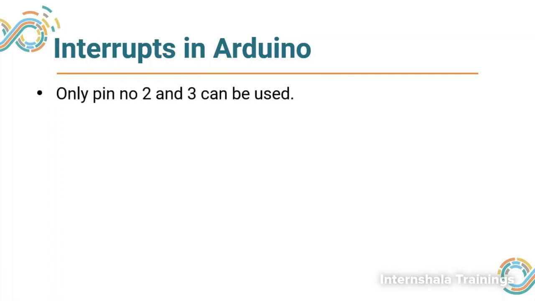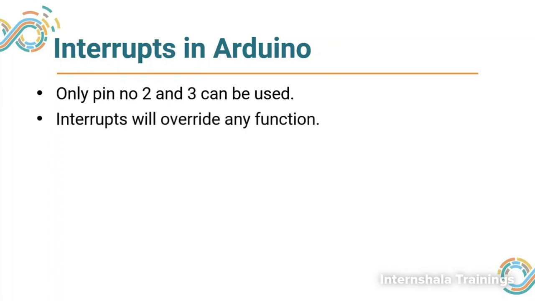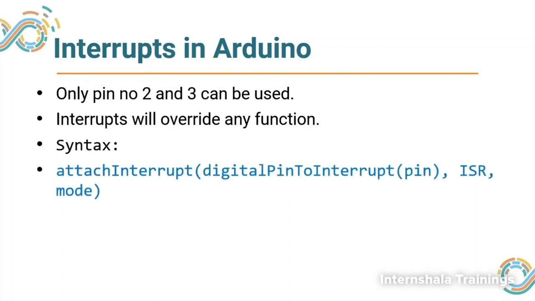On Arduino, only pin number 2 and 3 can be used for the interrupts and they can override any function. So the syntax for interrupts is attach interrupt, digital pin to interrupt. This is the function, and then we will mention the pin number, and pin number can be 2 or 3.